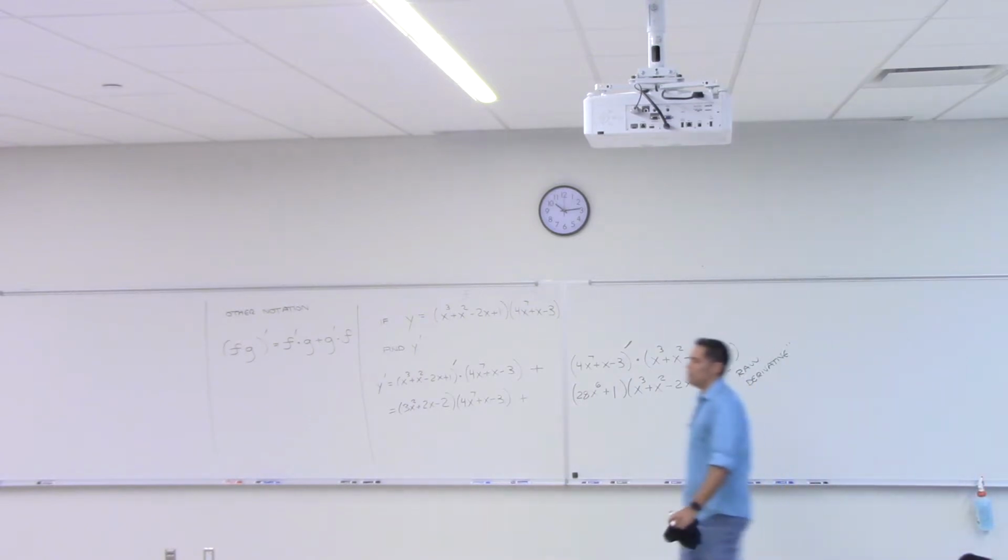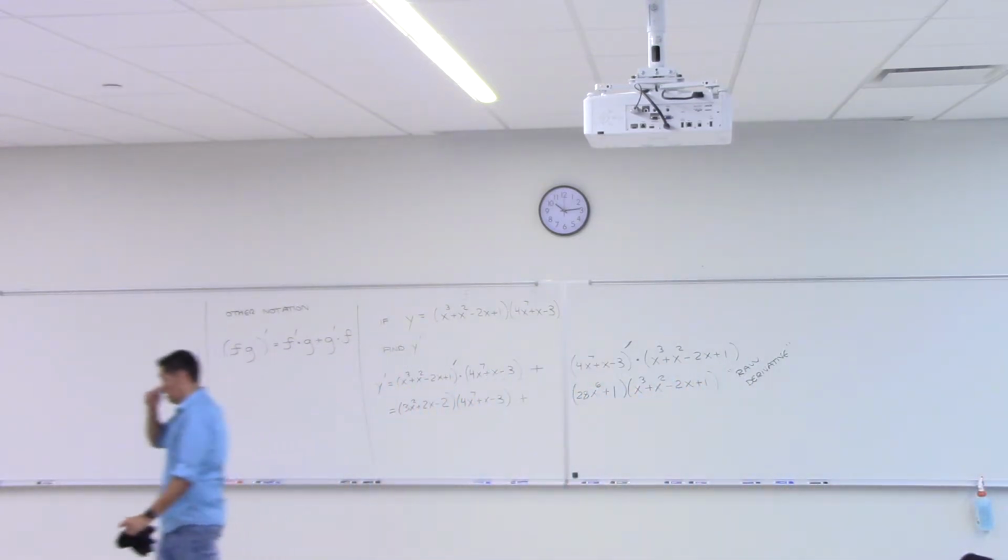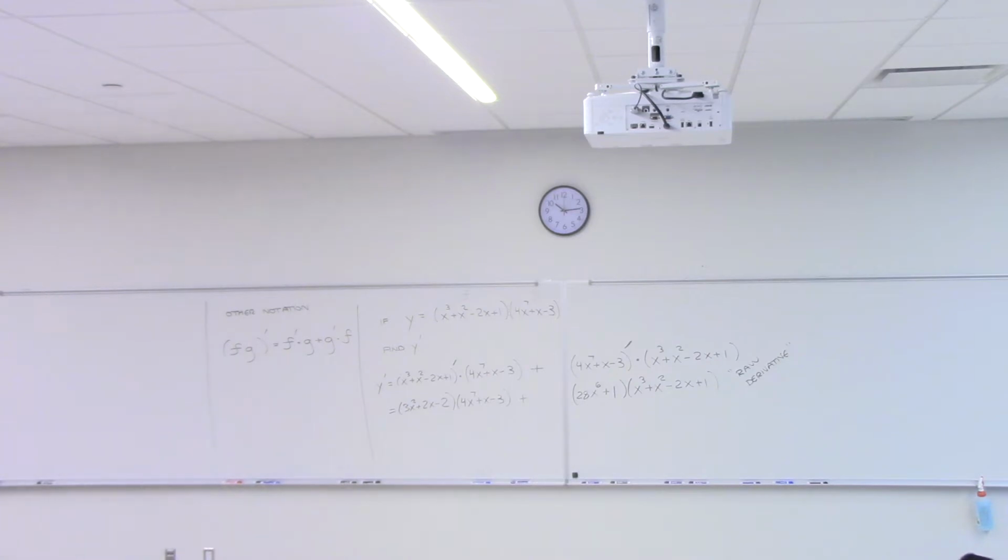Is their formula the same as my formula? No, it's a little different, right? These formulas come from the textbook. The textbook says if you have f times g, don't do the derivative of f. So leave the first one alone, do the derivative of the second one, right? Then plus, leave the second one, do the derivative of the first.